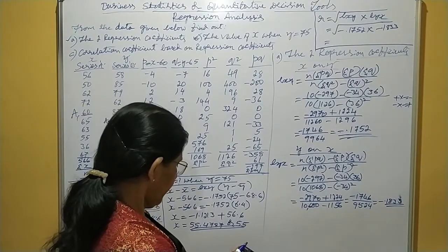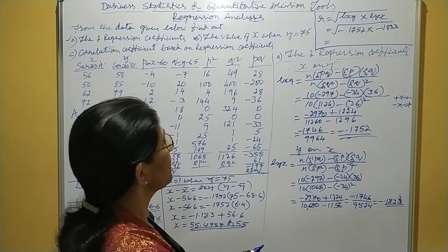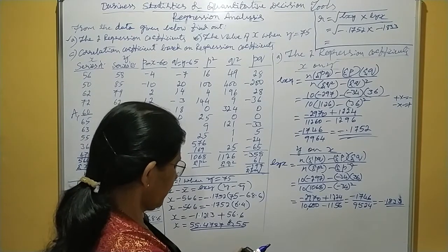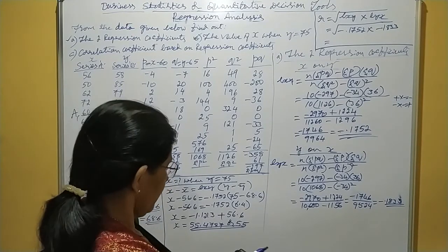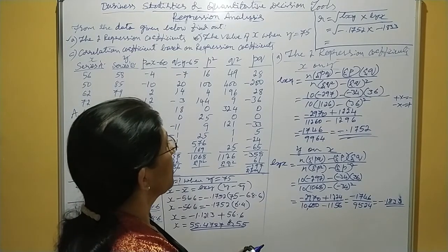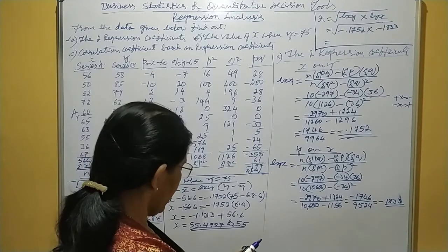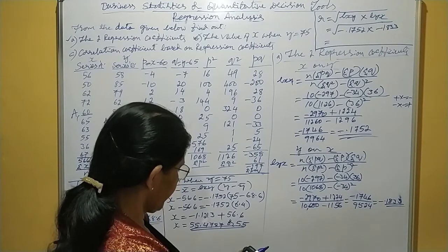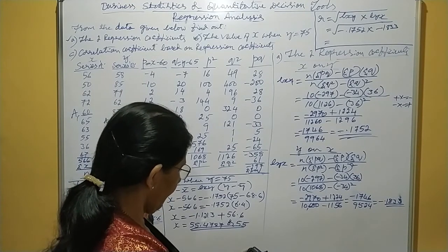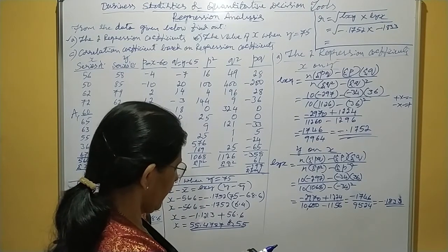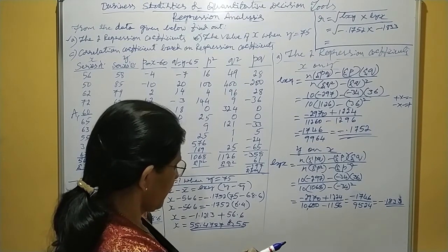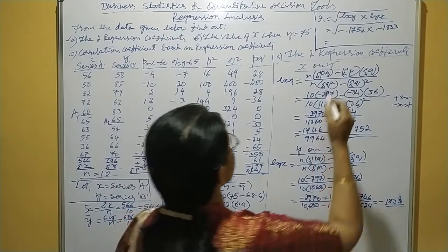Now multiply and remove the square root, that is 0.1752 into 0.1833. The square root is how much?